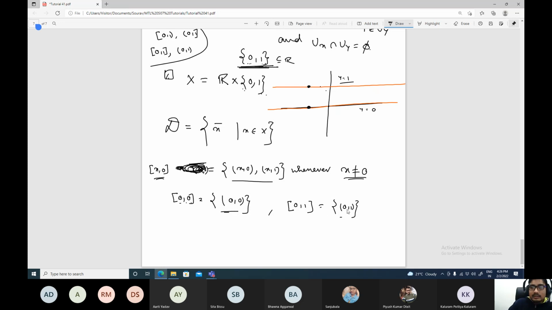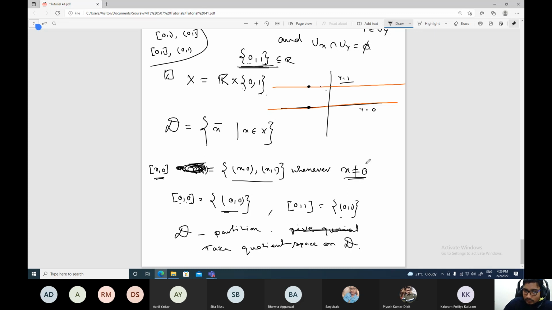This gives you a partition or decomposition. Now give the quotient topology, or take the quotient space on D.